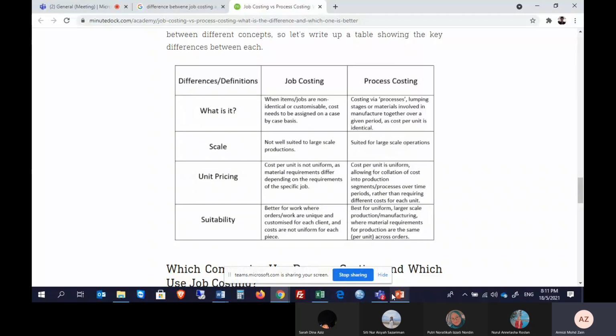Means that the material requirement is the same for each product. If, for example, one car requires one engine, each car has one similar engine, and all the engines are the same for all cars produced. For example, Proton, when they want to produce the Proton Iris, they have to use the same engine for all Iris cars. Okay.